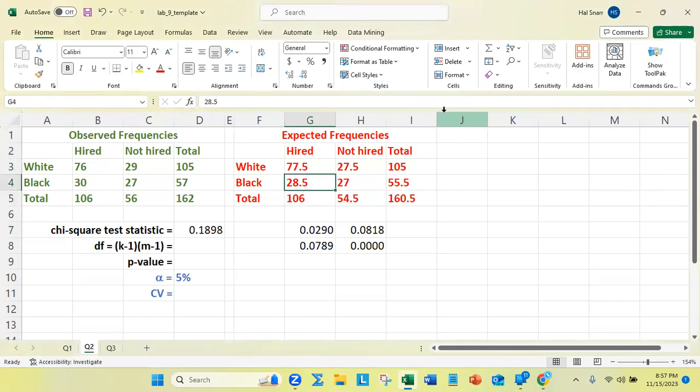If we expected 28.5 and we actually observed 30, and then we expected 28.5, but we observed 27, we have small differences, right? Small differences and a small chi-square statistic.